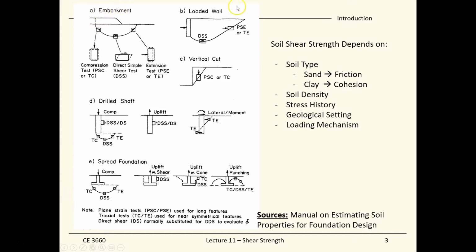What we find here is that the embankment gives a circular slip surface, same as this floating wall, and also a shelf and a spread foundation, this T shape over here. So all these foundations or earth structures, when they fail, will create a critical slip surface. And along this critical slip surface, different types of loading mechanisms act on the soil.